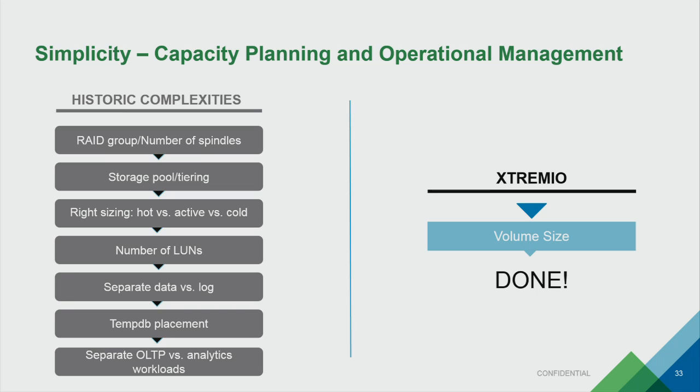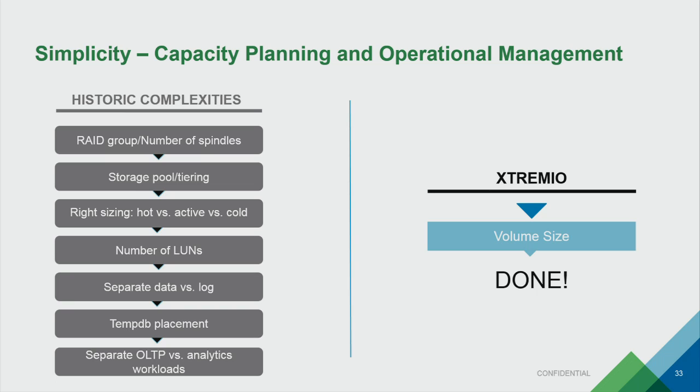And why is that? Because XtremIO has built-in RAID configuration, so you don't have to worry about RAID anymore. The data on any LUN is automatically evenly distributed across all the SSDs within the cluster. So you're guaranteed to get the performance of all the SSDs no matter how many LUNs you have. You don't have to worry about the number of spindles that you have back in your LUN.